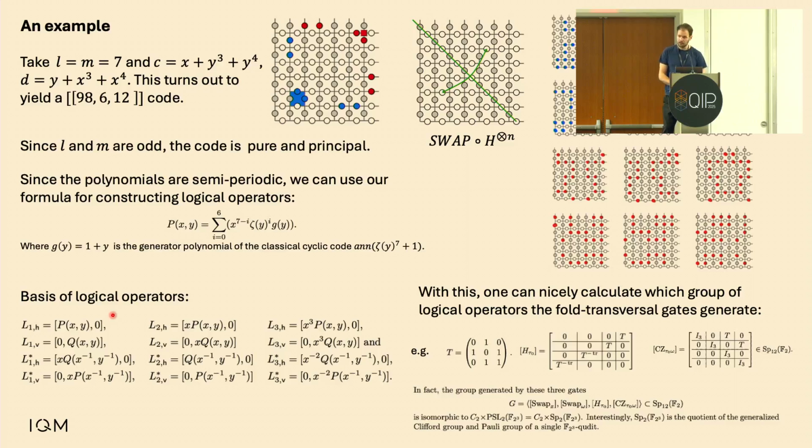Apart from fold transversality, do you think there are other benefits for pure logical operators? I think in general for these bivariate bicycle codes where you drop the product structure, understanding anything about logical operators can be valuable, just because it's very hard to understand somehow.